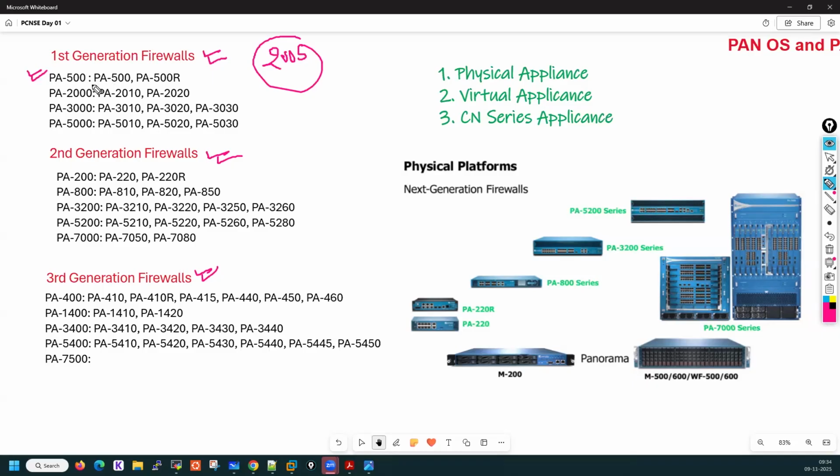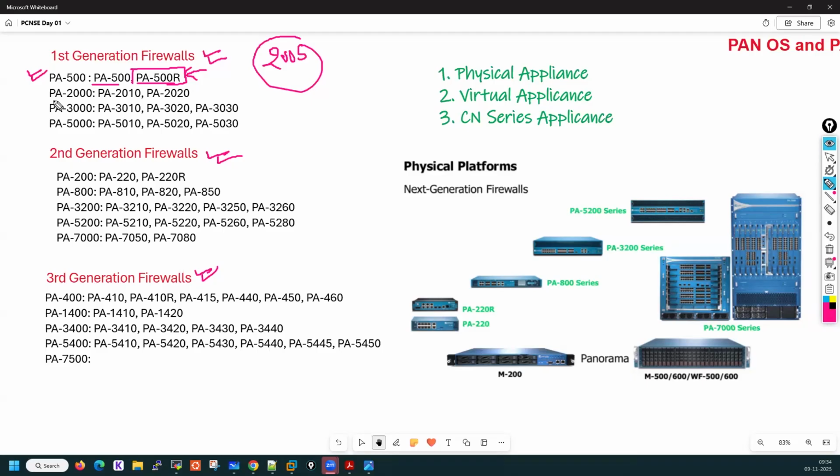In the 500 series, they have a PA 500 and PA 500R. If you see R at the end, it means this device is designed for locations where we have humidity, like Chennai. Near Chennai in India, we have the sea, right? So it's a humid area. So if you have humidity in your area, then you have to go for this R box. Okay.